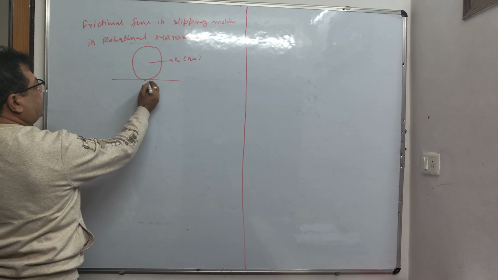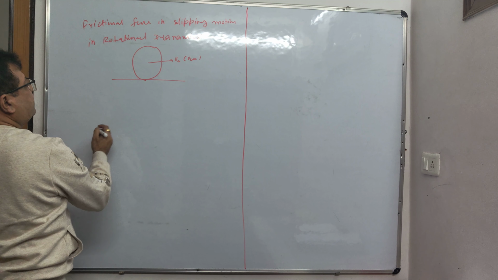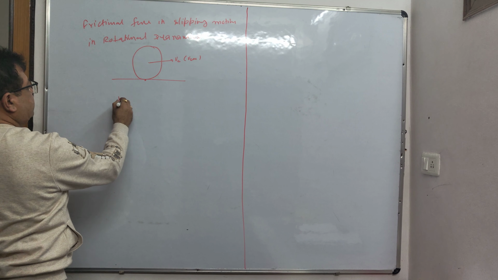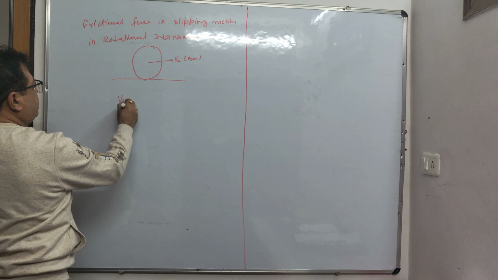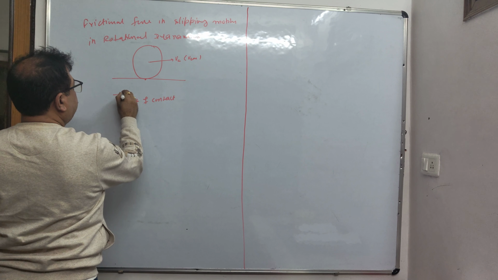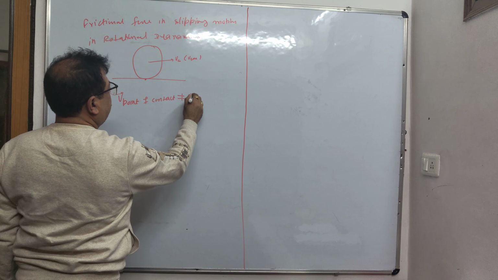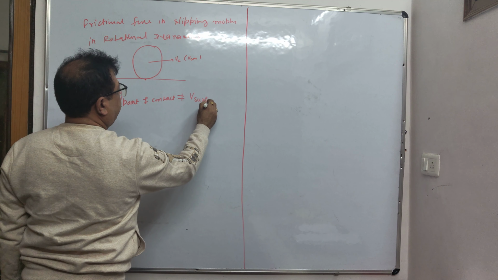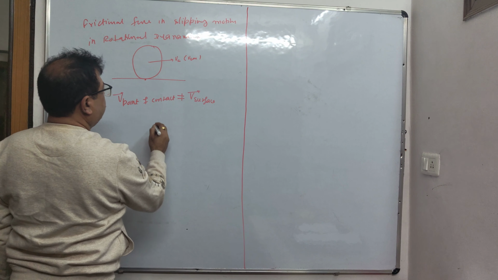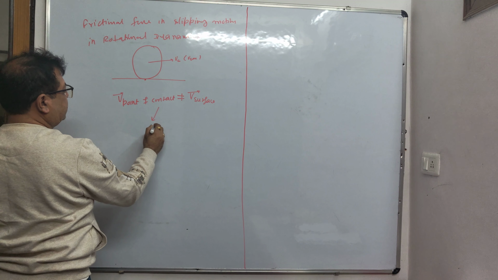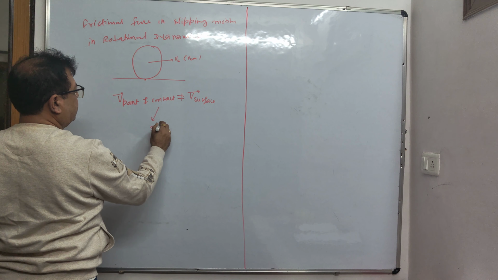So at this point of contact, the velocity of the point of contact is not equal to the velocity of the surface. Then this is known as slipping at the point of contact. This is the meaning of slipping.